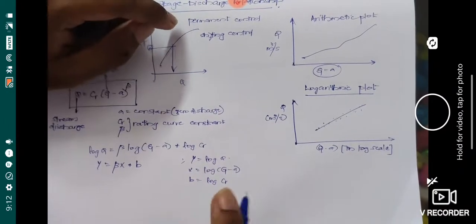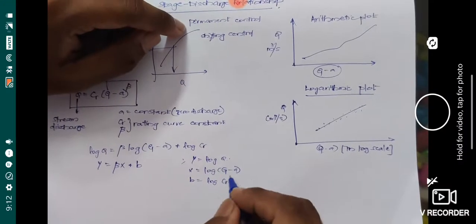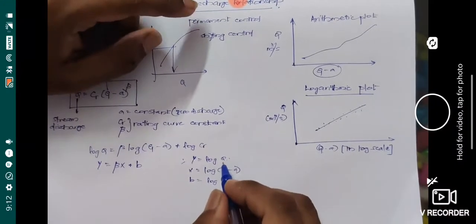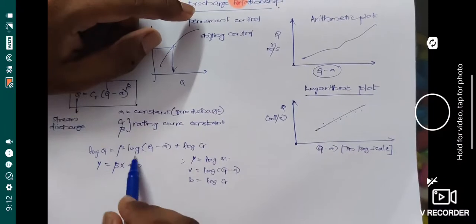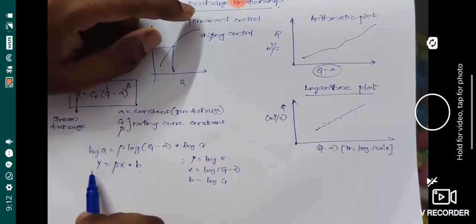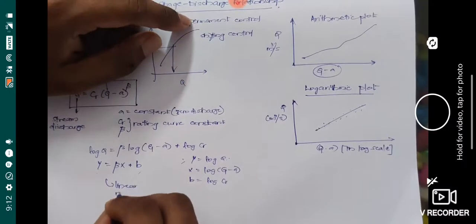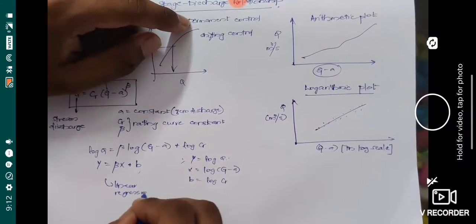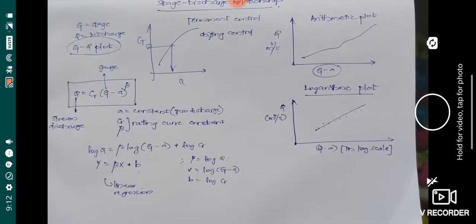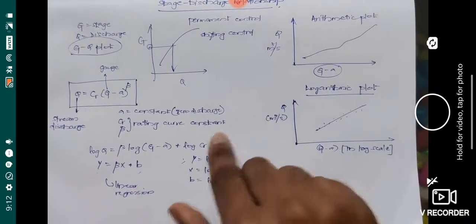You'll have a set of values of Q and a set of values of G minus A, and you have to put it in this form, isn't it? So you have to fit the straight line. How do you find the slope and the y-intercept? You have to do this.